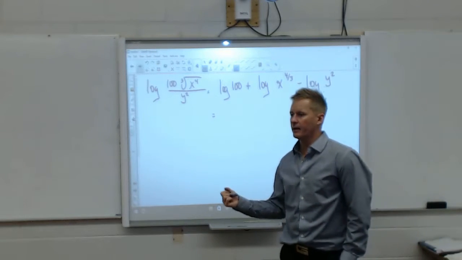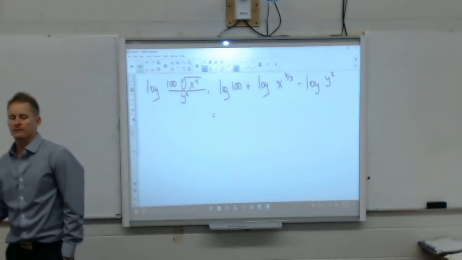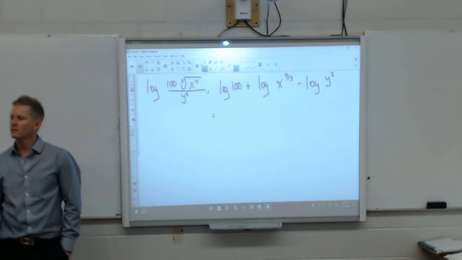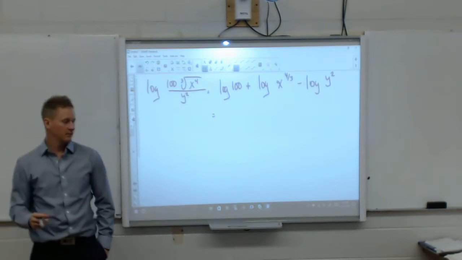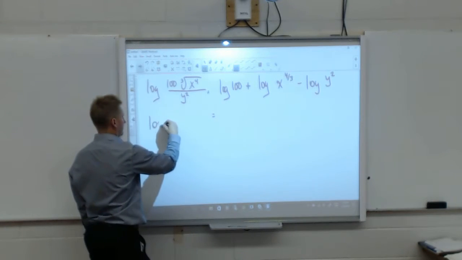Can I simplify that? What do you got? Stop. You can't use a calculator. Non-calculator section. It's log to the base 10, so the 2. Okay. So I'm going to just write it over here.